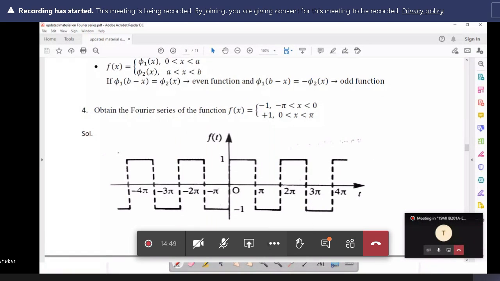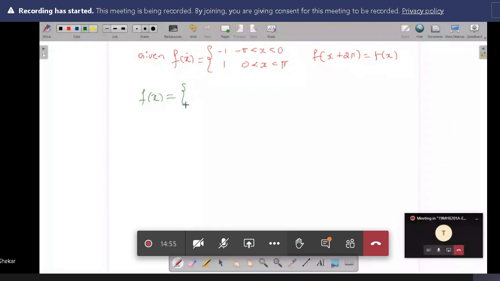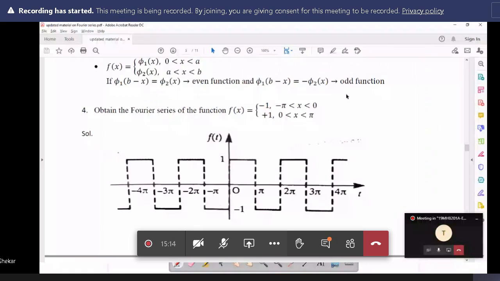You can see. Okay, so this is the example I would like to take. That means, go back to this PDF. We defined in the previous class the odd and even function of a given piecewise function. So how can we verify whether a given function is odd or even?